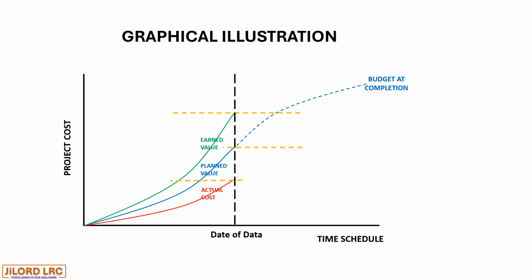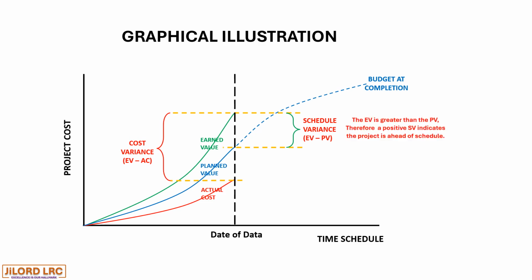So let's look at the cost variance and the schedule variance. The schedule variance is earned value minus planned value. As we can see, the earned value is well above the planned value, so there is certainly going to be a positive variance. And in this case also, the earned value is higher than the actual cost, and therefore we would have a positive cost variance.